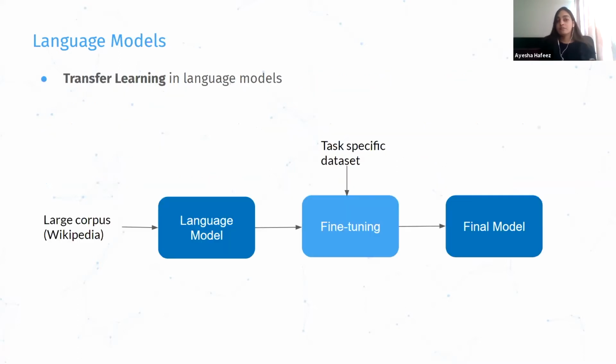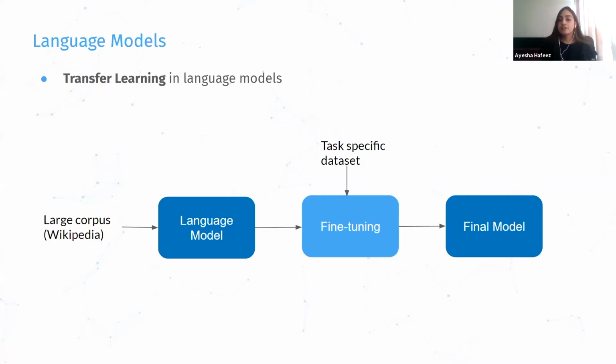Another concept borrowed from the field of computer vision in NLP is transfer learning. What transfer learning basically does is let you train your language model on a very generic, large corpus of text like Wikipedia, for it to gain an understanding of the English language and how to form coherent sentences.